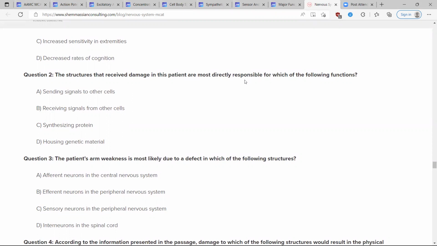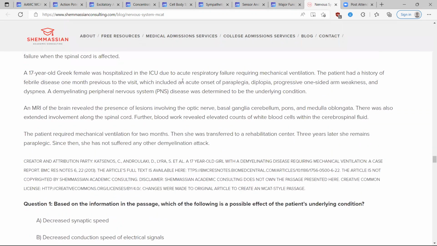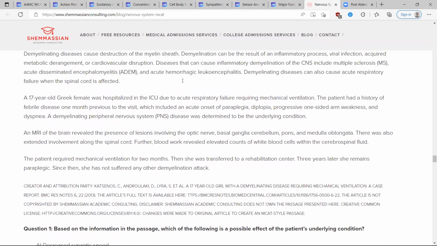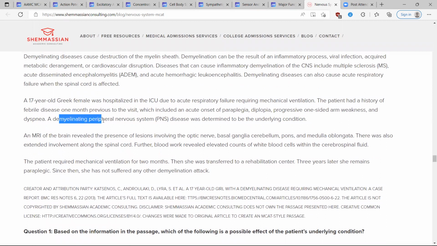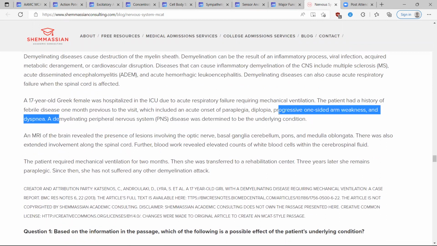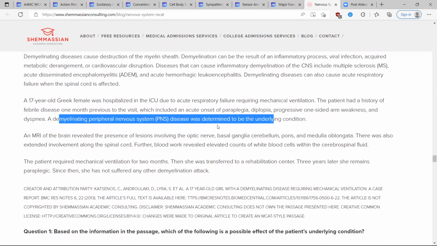So first of all, what was the structure that received damage in this patient? The myelin, exactly. The demyelinating peripheral nervous system was determined to be the underlying condition.